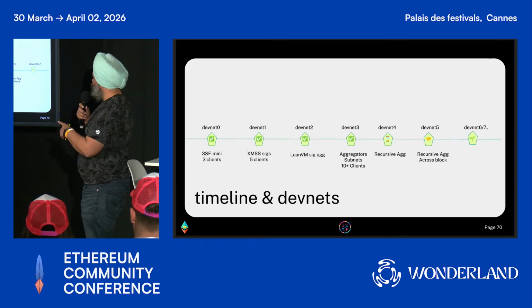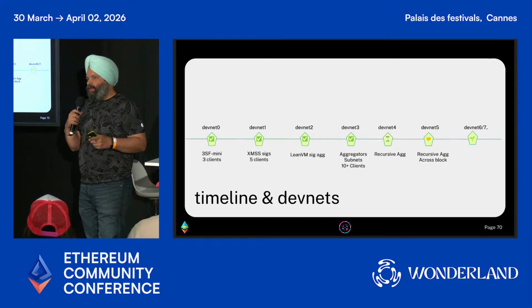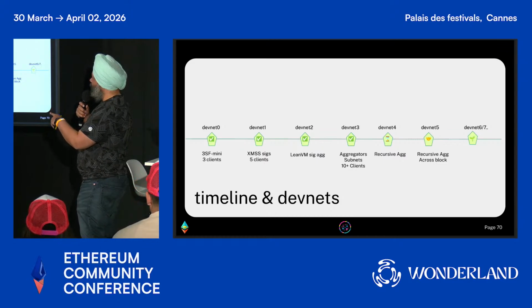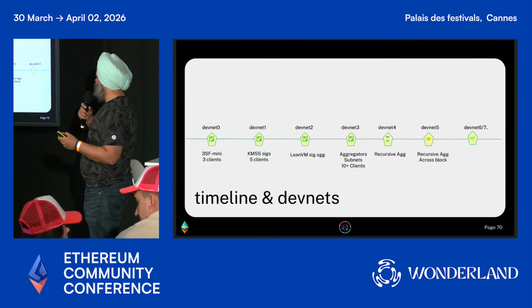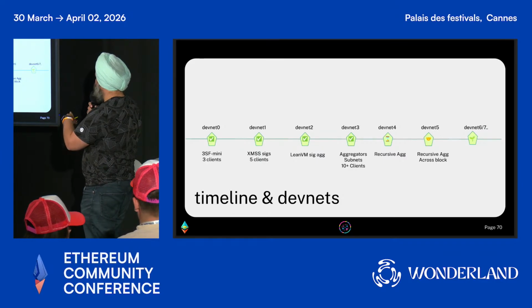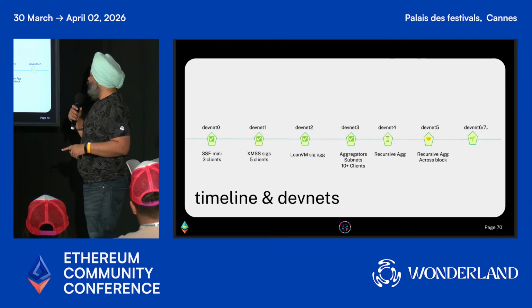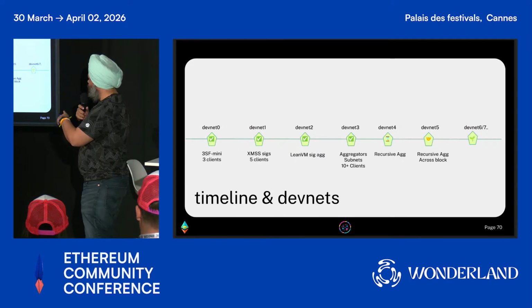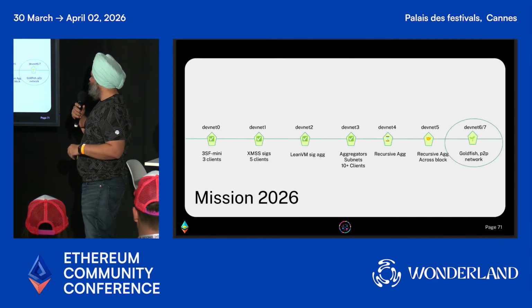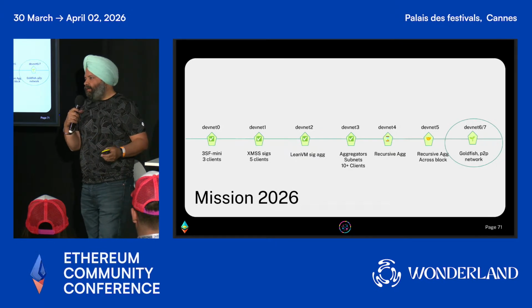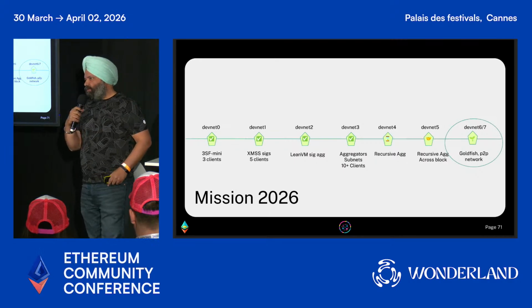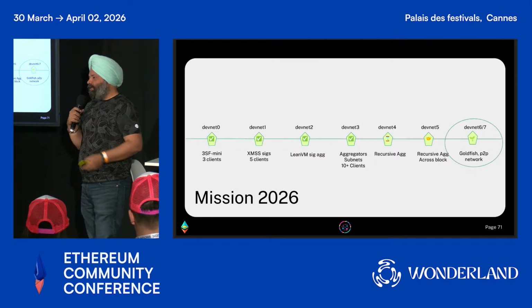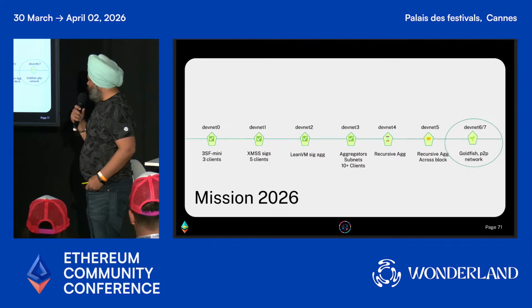Now coming to our plan, we are at the DevNet 4 testing stage because the spec is done for that, and for DevNet 5 we are doing the spec, looking at DevNet 6 and 7. We want to do the consensus protocol that we talked about, and we want to start introducing the P2P layer optimizations.